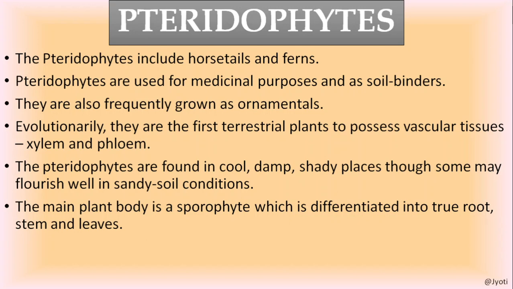But in bryophytes, root-like, stem-like and leaf-like structures were there, because in bryophytes there was no vascular tissue. But here in the sporophytes of pteridophytes, the true root, true stem and true leaves contain the vascular tissue, that is xylem and phloem, and they perform the function of a root, stem and leaves.